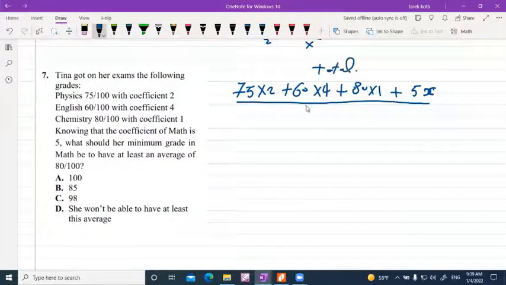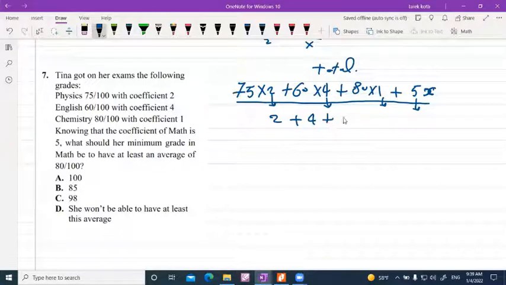This is over, the average means all these marks, this is the total of the marks, over how many? Here 2, 4, 1 and 5. So 2 plus 4 plus 1 plus 5, this will be the average, which is 80, means 80 over 1. If you solve this equation, you will get x.